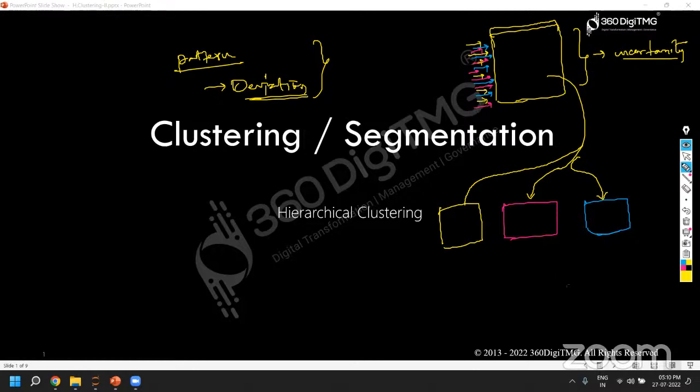Now, when you look at this particular data set, you see that the data has some kind of homogeneity. All the similar records belong here, pink records, red, blue records here. This is called homogeneity.